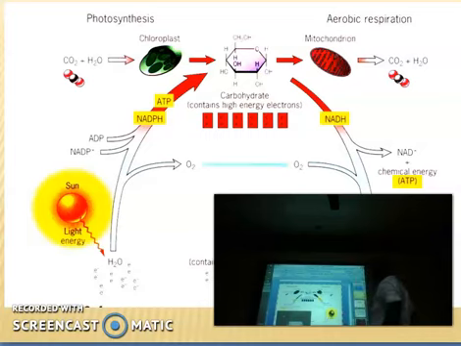In the presence of light, this H2O is split. In this reaction the chloroplast is required, so this is the enzyme that will convert into carbohydrates, that is high energy kilocalories. Now ADP and NADP plus will do the reaction that will give you NADPH and ATP generation.